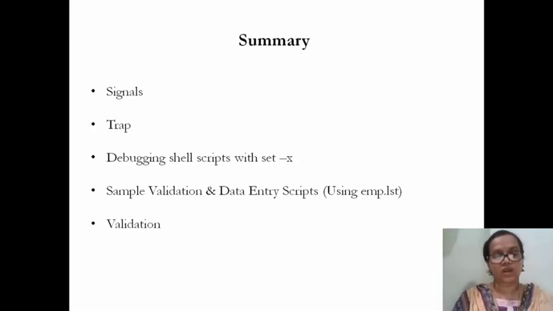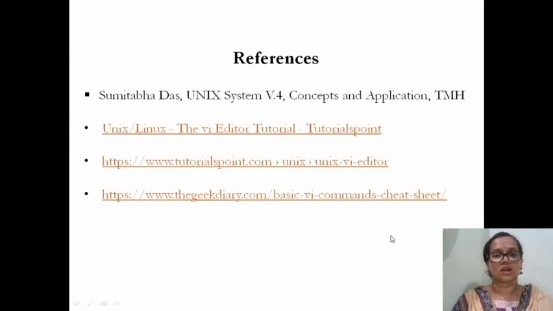Other than that, we also looked into validation, how it has to be given and how it has to be taken care of when the user enters their input. So these are all the things we have discussed, and these are all the references. I hope you have understood all the concepts of Unix. Thank you.